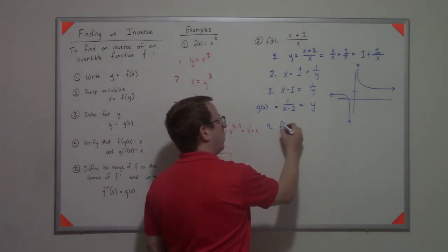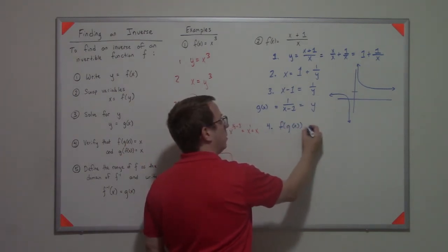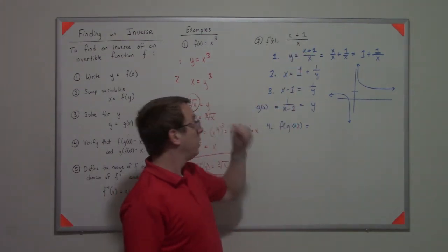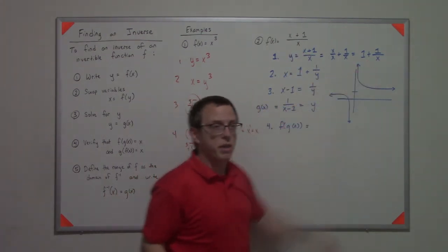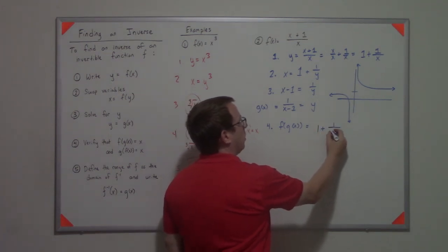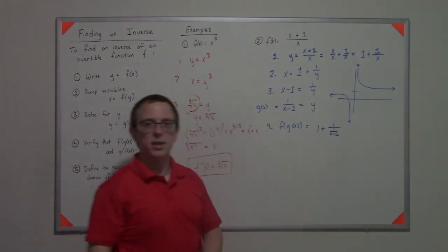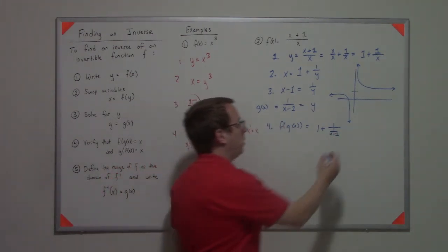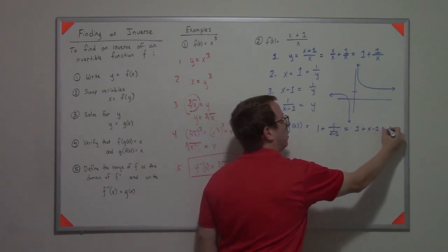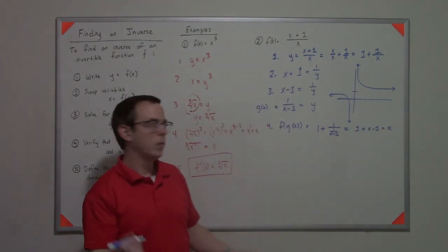So f of g of x: anywhere I see an x, I replace it with this thing. I'm going to say 1 plus 1 over x minus 1, right? That's g. So that's really just 1 plus x minus 1, which is x.